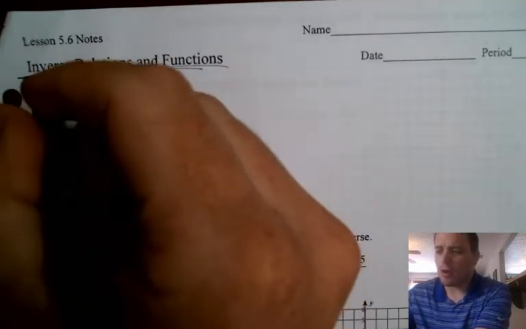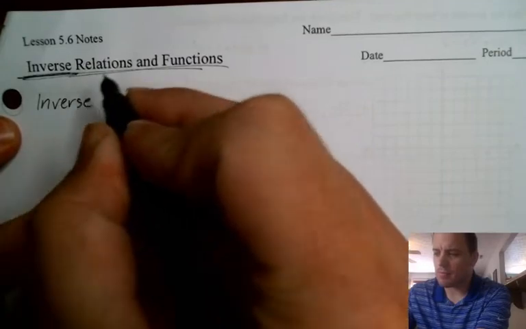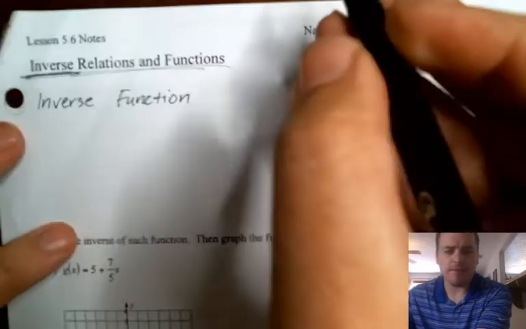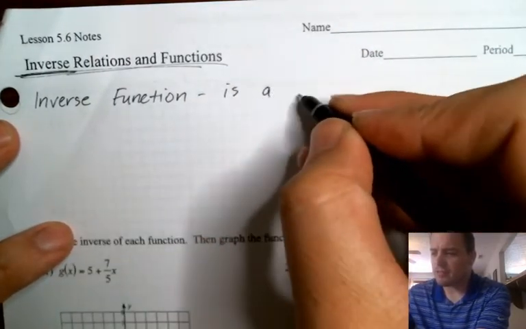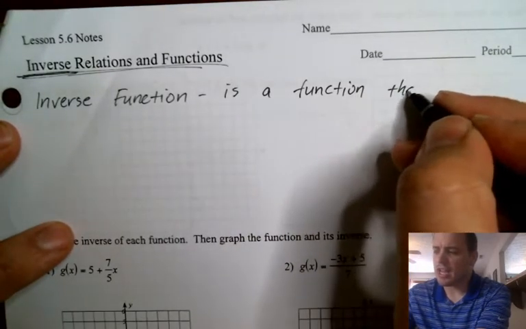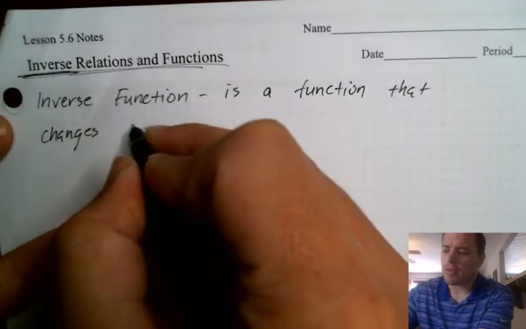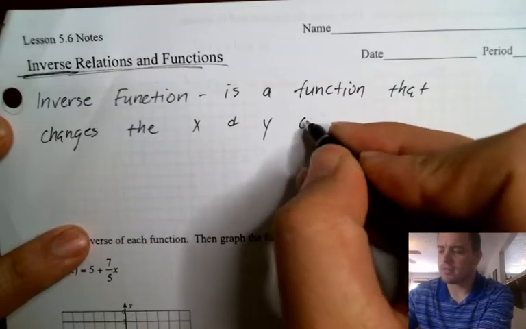So, what an inverse function is: an inverse function is a function that changes the x and y coordinates.